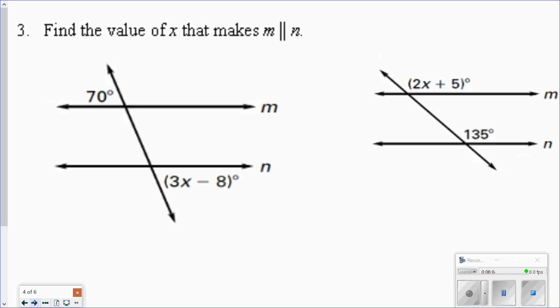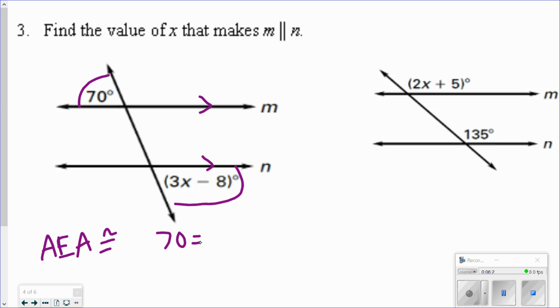All right, so find the value of x that makes these two lines parallel. So we're going to use the converse theorem here. So we want to prove that these lines are parallel. Well, we know if they were parallel, then that means that these two angles are alternate exterior angles, so they would need to be congruent. So let's solve for x then by setting these two equations equal to each other.